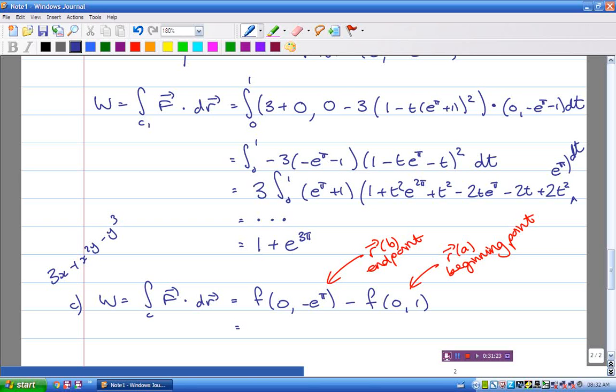X is 0, so both the terms that have x's in are just 0. So it's minus e to the pi. Okay, you bring my horrible handwriting under control here. Minus y cubed. So minus y cubed minus, plus y cubed.